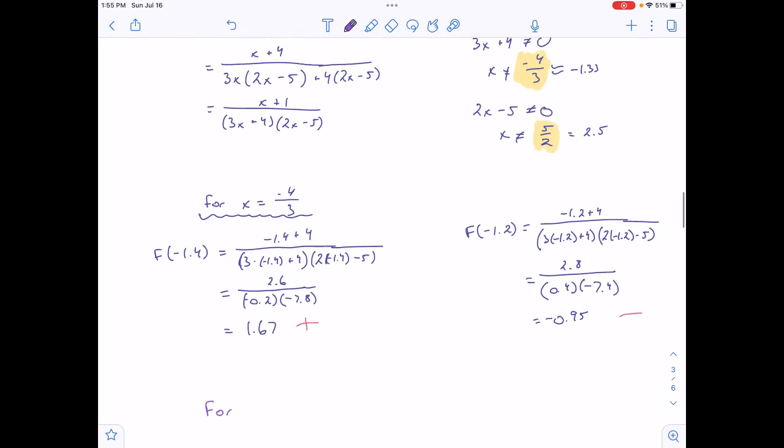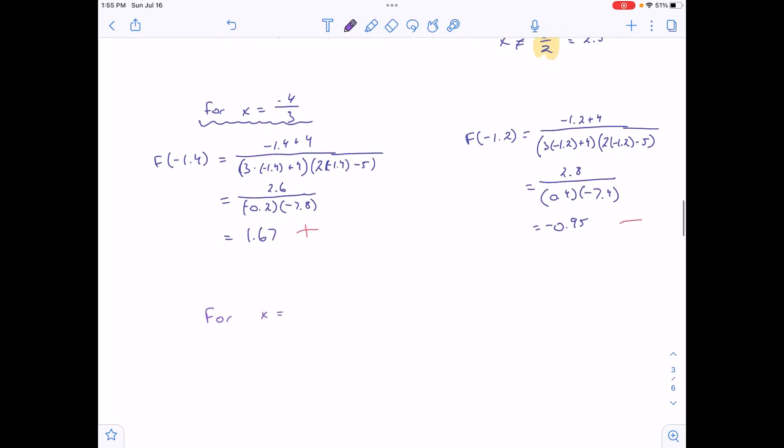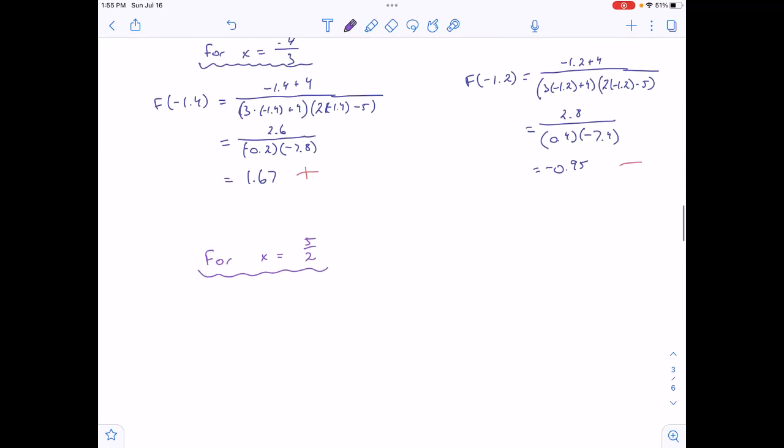And our second asymptote was at 5 over 2. We're going to do the exact same thing. 5 over 2 is 2.5, so to the left of that would be like 2.4. 2.4 plus 4 is going to be 6.4.